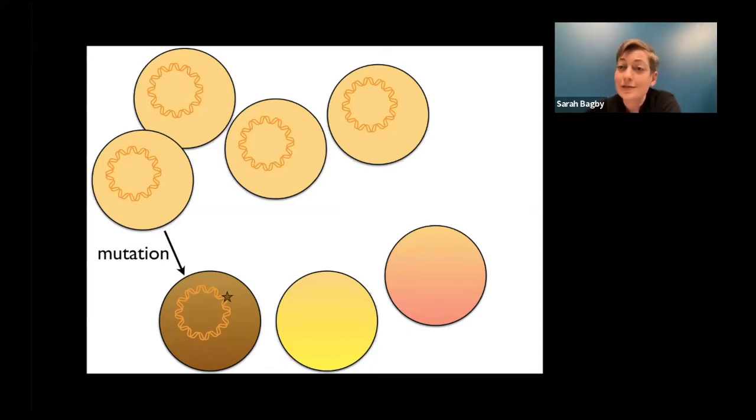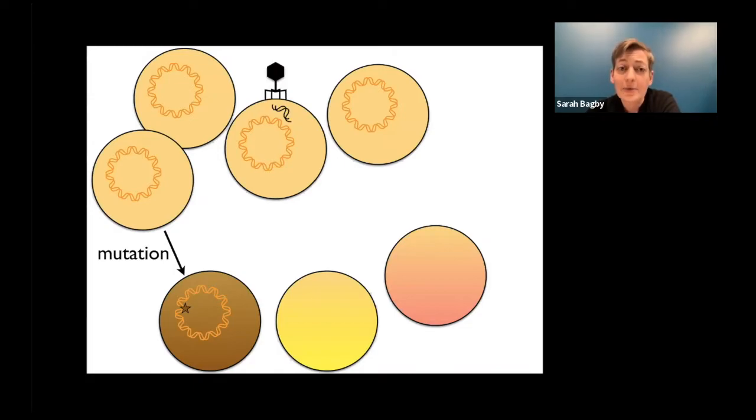The thing about mutation is that it's sporadic, right? This is happening at random, and so it might happen in any different part of the genome in any given cell division event. And so this can introduce variety into lots of different genes. When we have variety in genes, now that's a cell that has variety in its toolkit. And so perhaps it will respond to some stimulus in a new way.